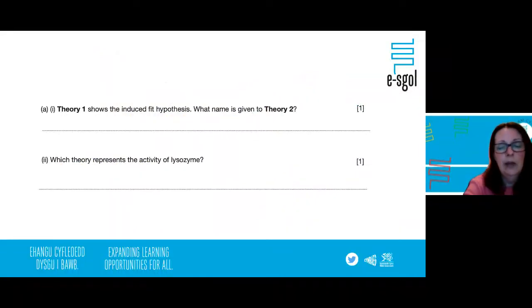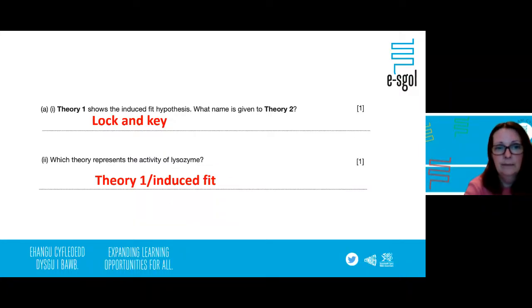So theory 2, we know it's not induced fit, so it must be the lock and key theory. And then our second question, which theory represents the activity of lysozyme? It is theory 1, the induced fit theory.